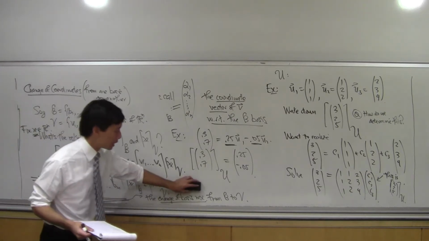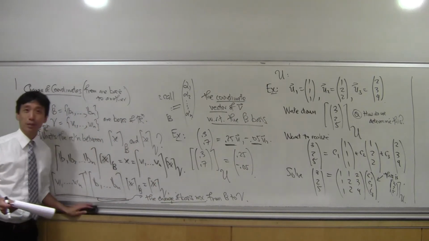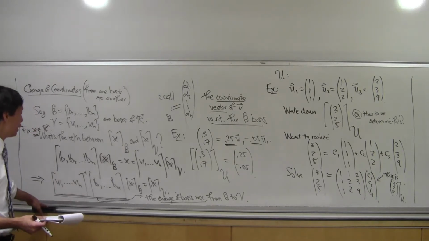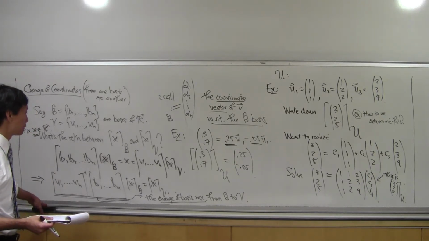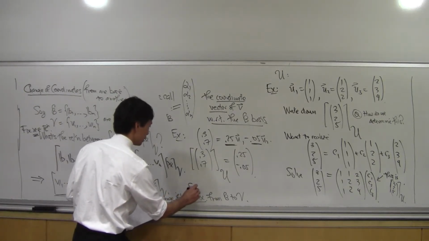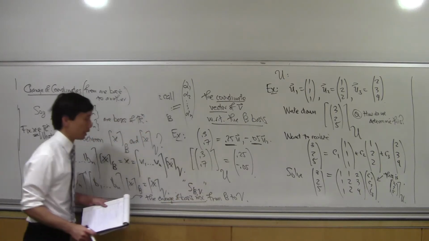Let's call it change of basis because we already called it something else, transition matrix, in this lecture. Yeah, and sometimes we'll denote it like this: S_BV.